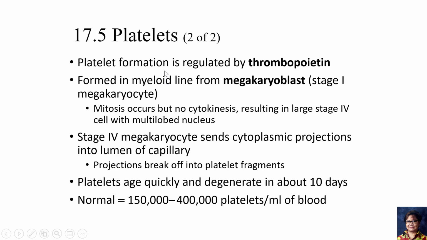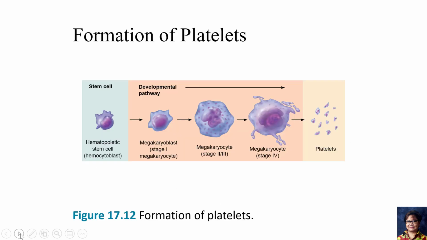So your platelets are formed by another hormone which you call thrombopoietin, and they are formed from the myeloid line from the megakaryocyte, and they pretty much become the platelets all the way to the end. Actually, it is a very strange type of formation, but once they are formed, they are not anymore going to be true cells.